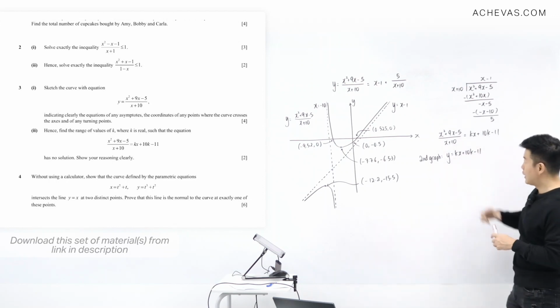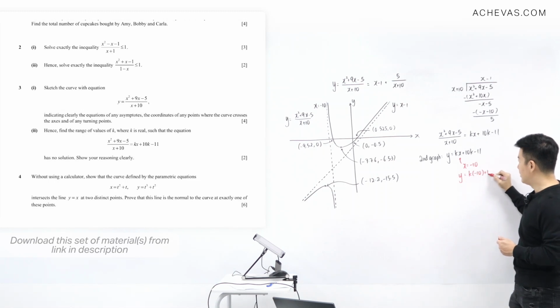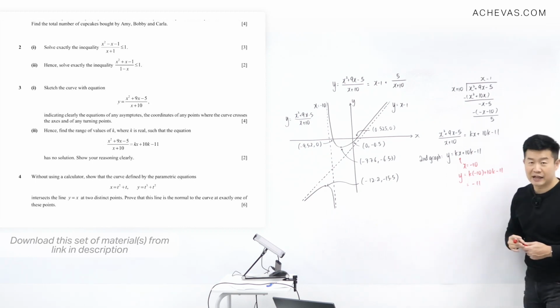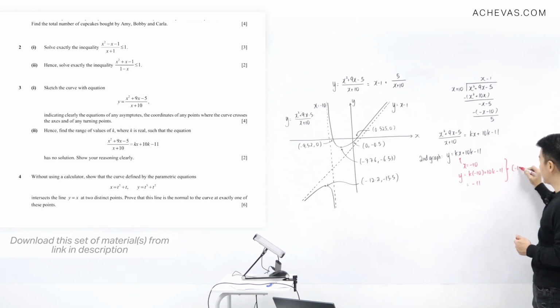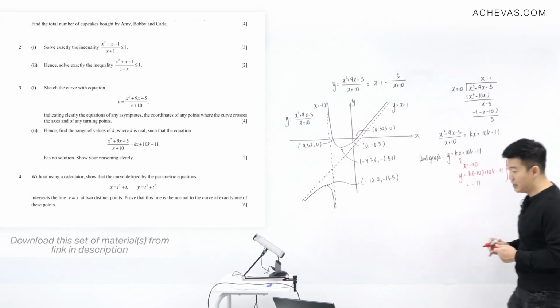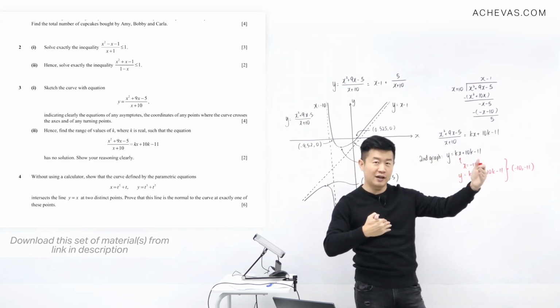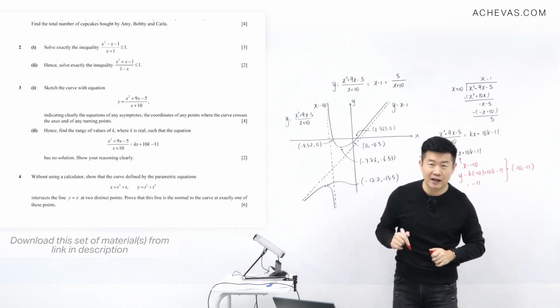Are you able to see that if I were to let x be equal to negative 10, what we will be getting is y equal to k times negative 10 plus 10 times k minus 11? y is going to be equal to negative 11, which means that this line will be passing through the point negative 10 and negative 11. It is a point that is independent of k, which means that although I can't draw the entire line, I can draw a point that is on the line, and that is negative 10, negative 11.